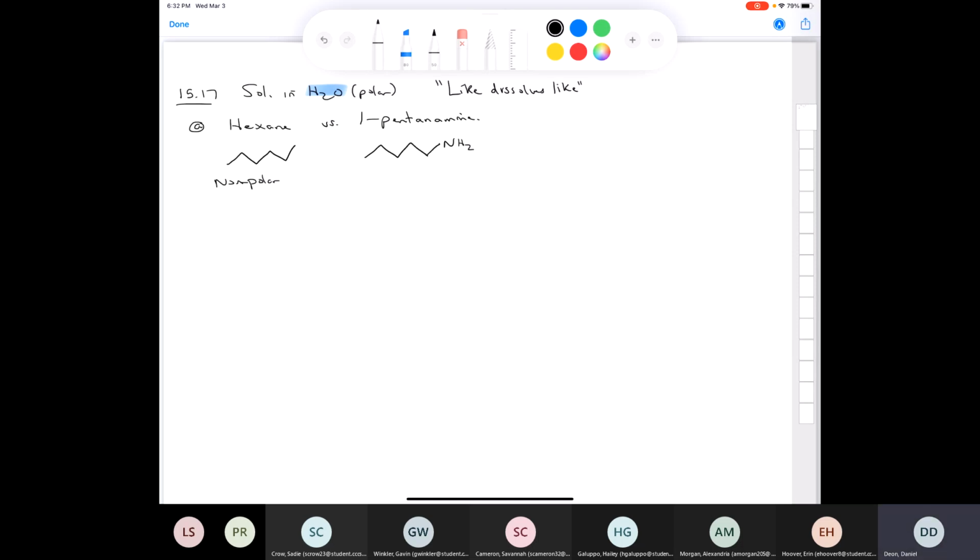Whereas pentanamine, as Gavin says, is also somewhat polar. This part of the molecule is polar, and it can also form hydrogen bonds.